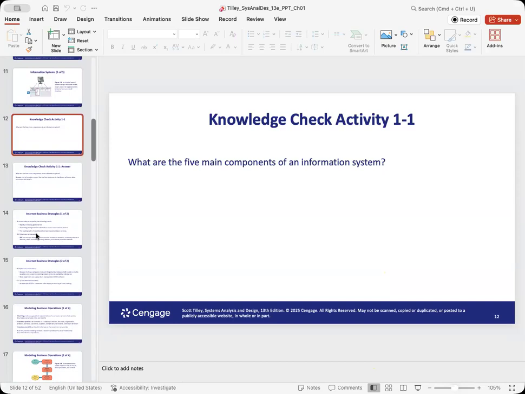Hardware, software, data, processes, and people. So when you are asked, remember, you are not going to be asked to just list the 5. You have to at least give an explanation to it. You understand? So that is it. But basically, those are the 5 components.